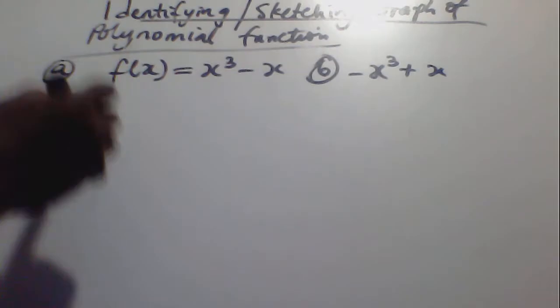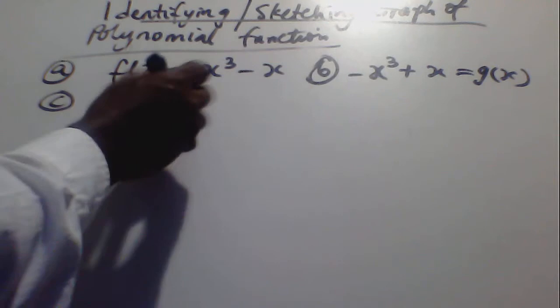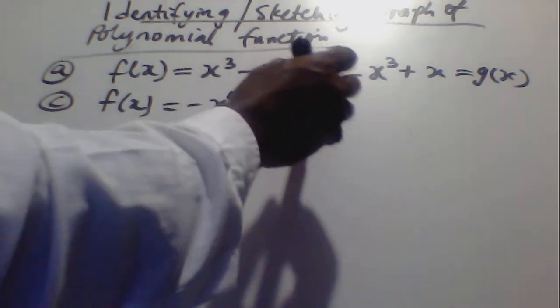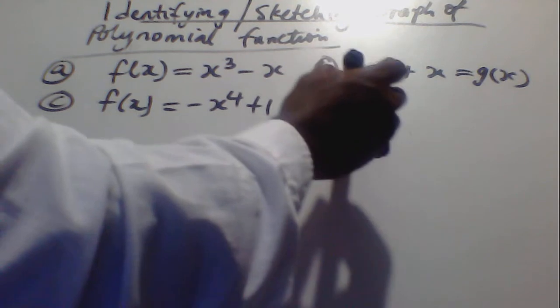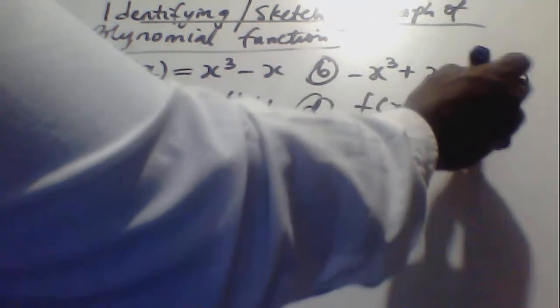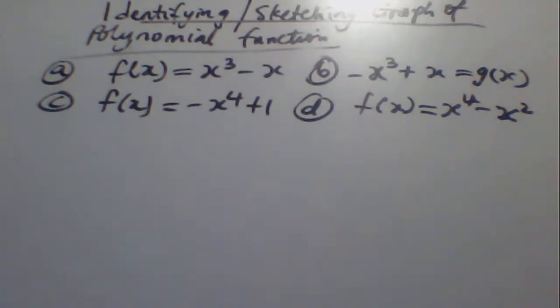And C, f of x is equal to, I hope you are following, minus x raised to the power 4 plus 1. And D, f of x is equal to x raised to the power 4 minus x raised to the power 2. So if you are seeing it, we can proceed.